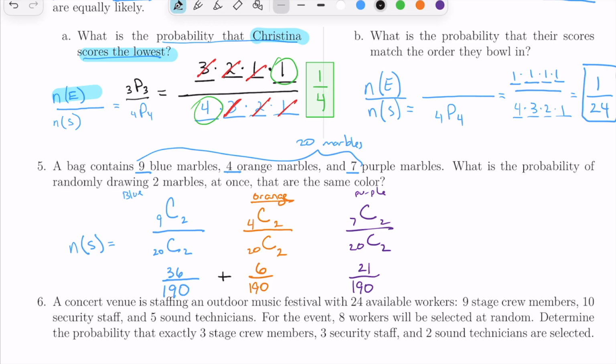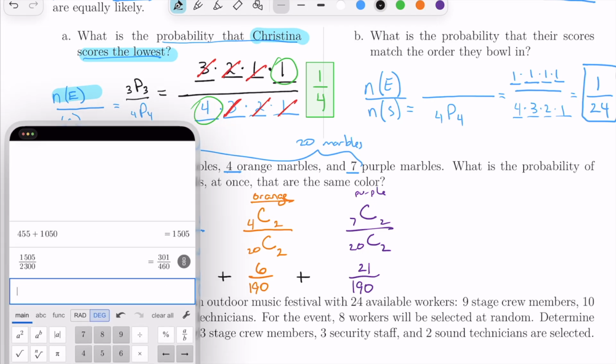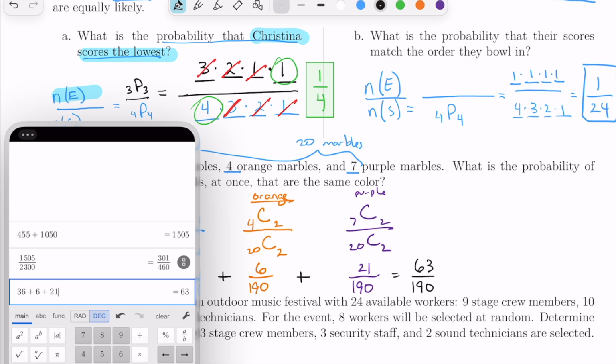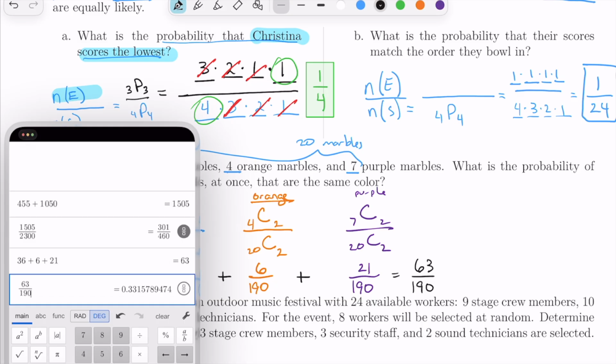We'll add our 36/190ths plus 6/190ths plus 21/190ths to get 63/190ths. And that, I don't believe, reduces. We'll find out though. So we have that, and if we hit our fraction button, notice that it just stays the same. That means it is done just like it is.